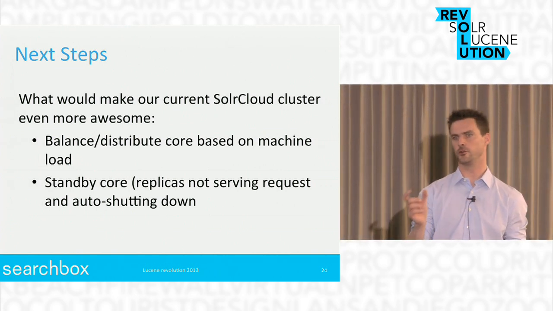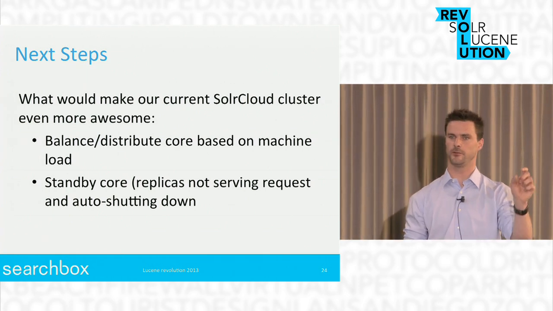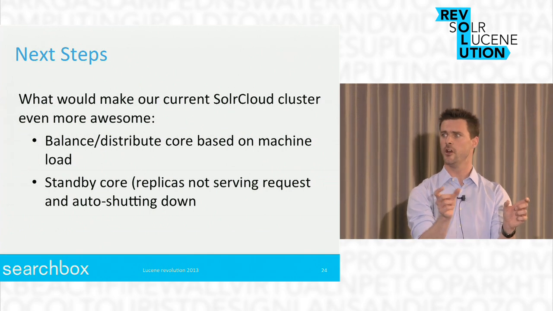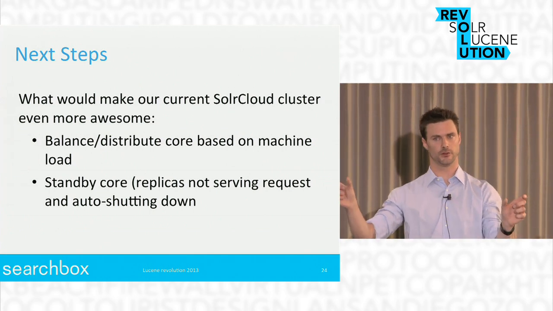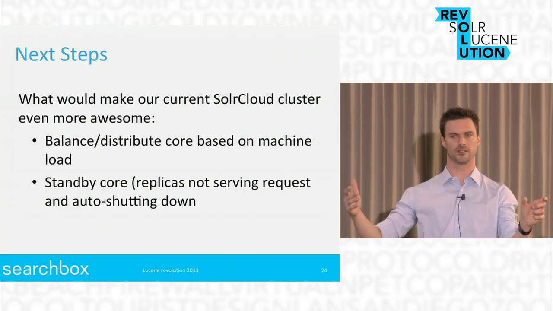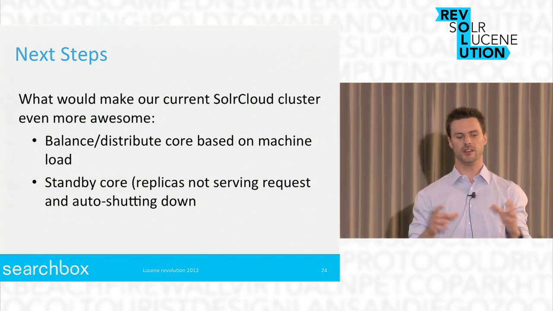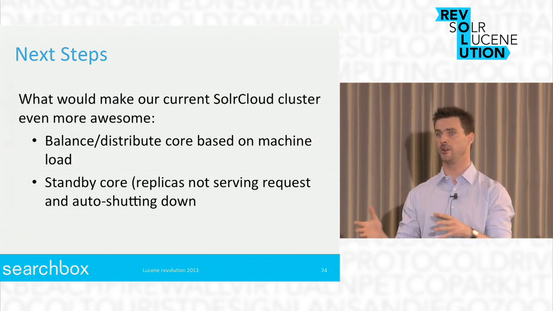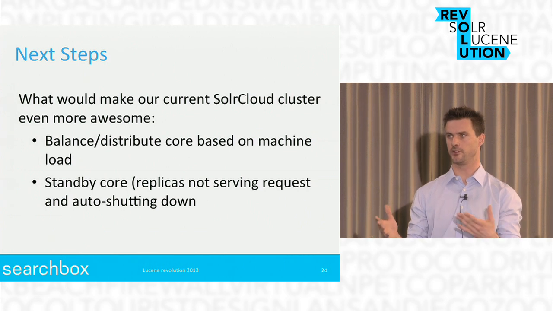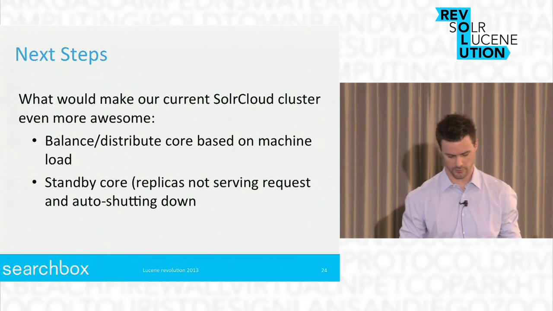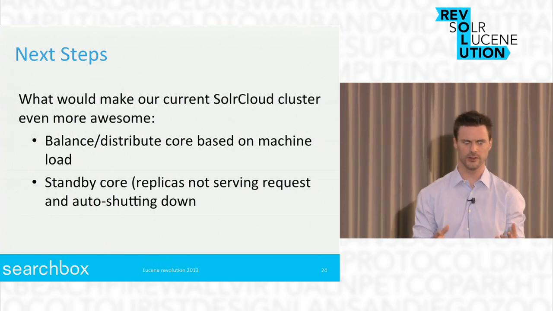So we have a heuristic that says, okay, this core, instead of being on this machine, because it competes for the CPU with other cores which are heavily used, we're going to move that core to that node, because that node has another client that does 2 queries per second. So we need a very standard way to migrate cores over without disrupting the entire work of the cluster. How could we do that?